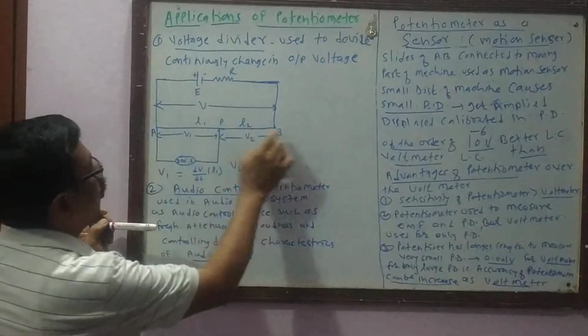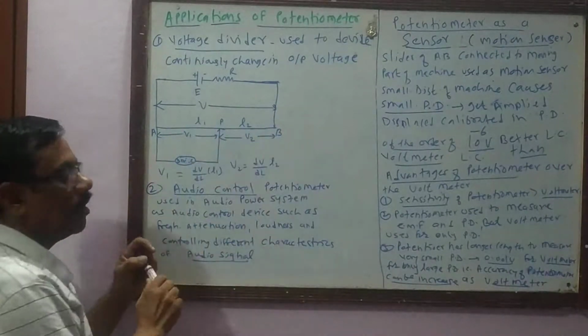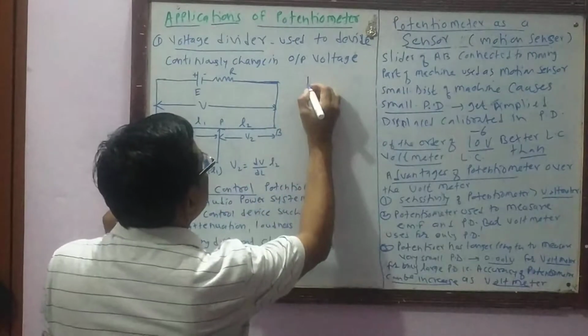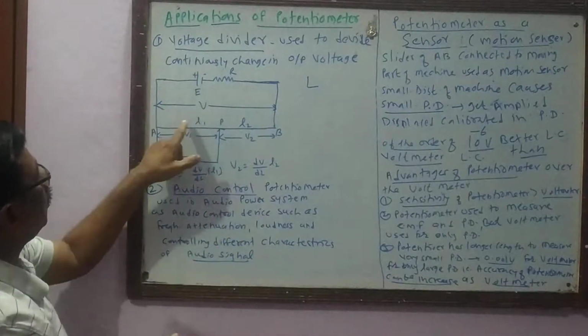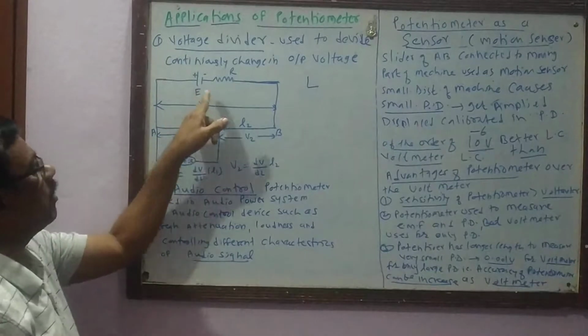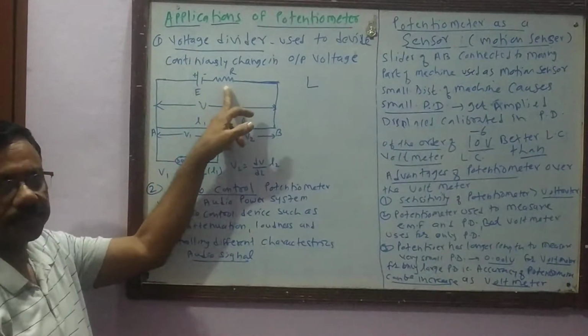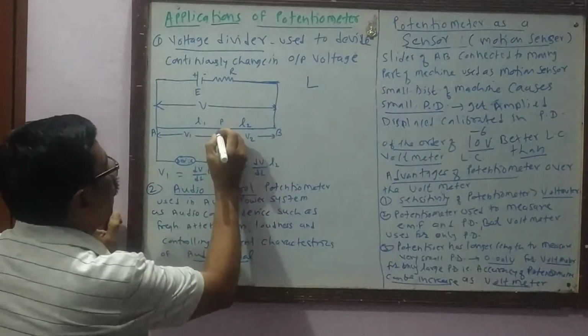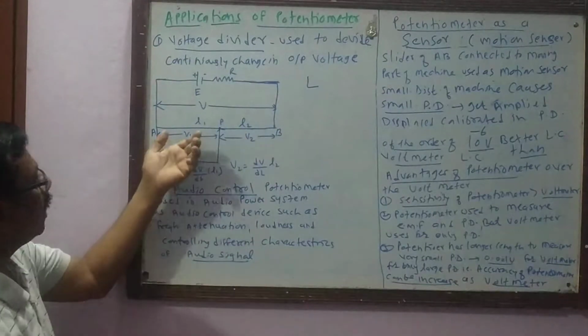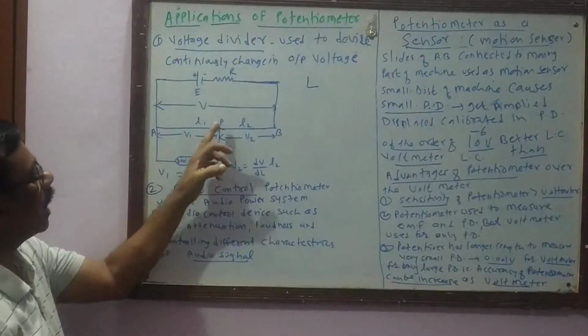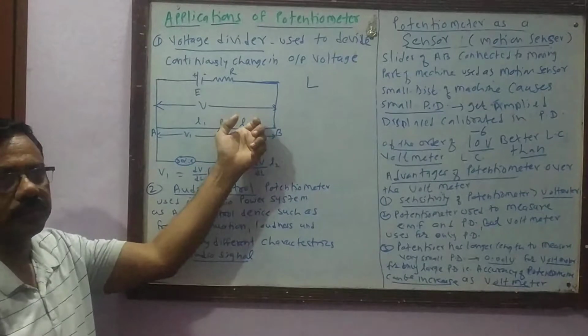Now AB is the potentiometer having a length L, which is connected across the cell of EMF E through the resistance R. P is any point here, having a length L1. AP is equal to L1 and BP is equal to L2.